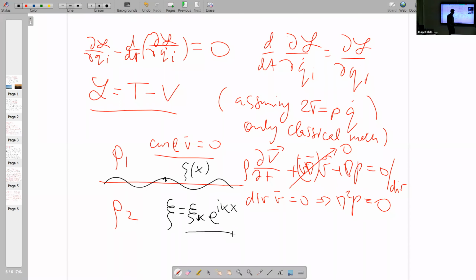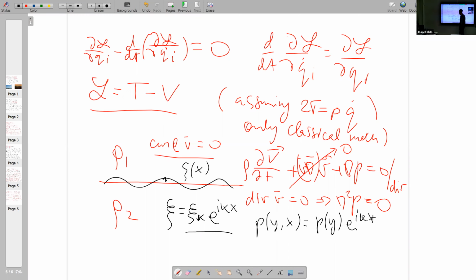In particular, pressure as a function of y and x is equal to P as a function of y times e to the power of ikx.